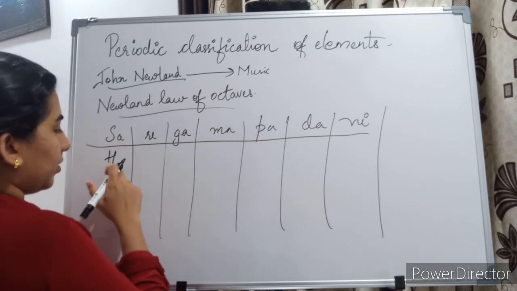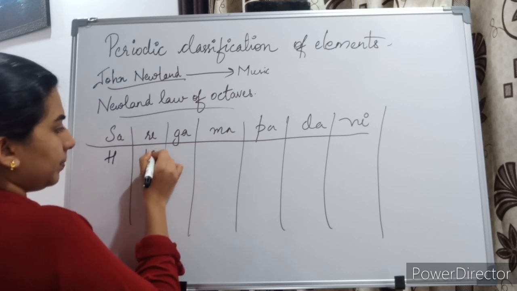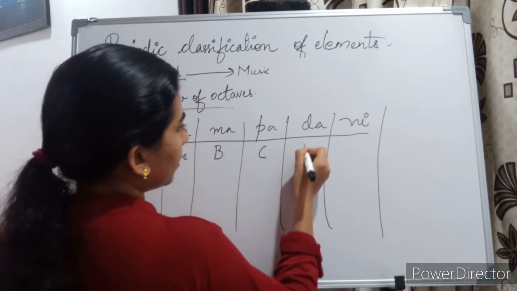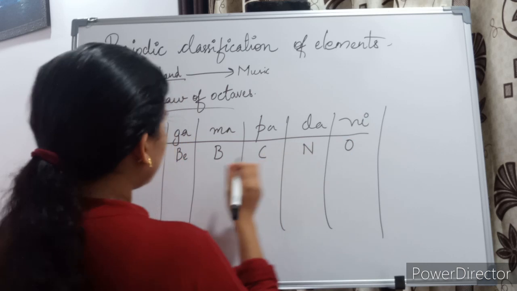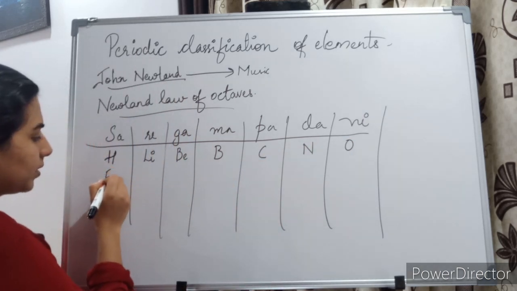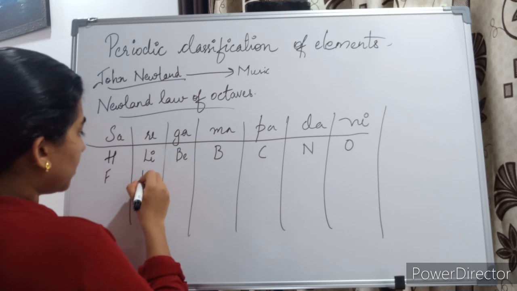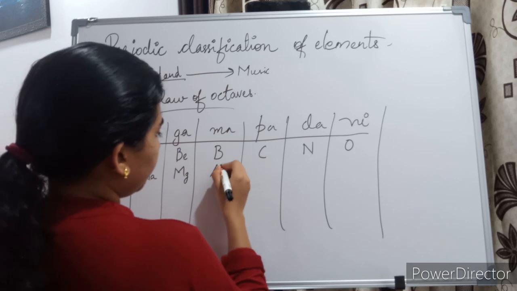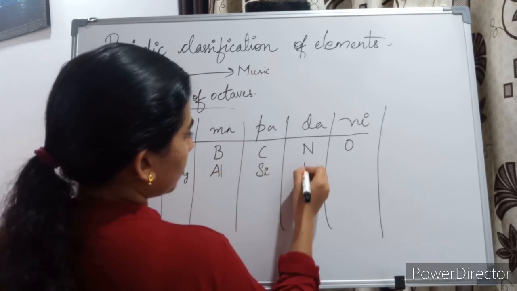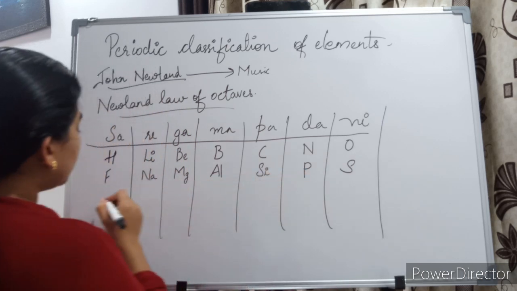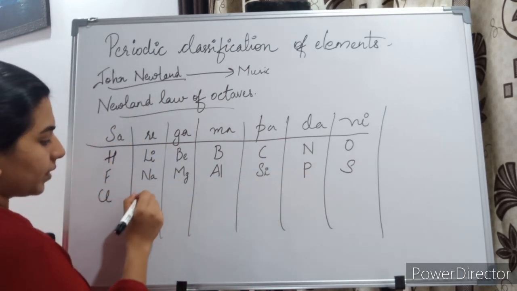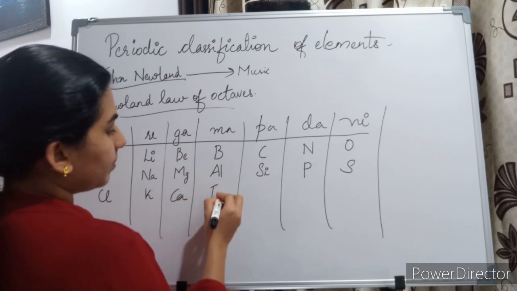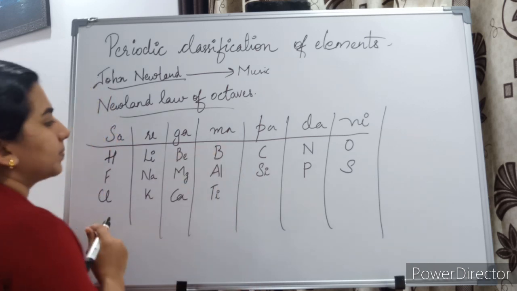So hydrogen, then lithium, beryllium, boron, carbon, nitrogen, oxygen, fluorine, neon was not there, then sodium, magnesium, aluminium, silicon, phosphorus, sulfur, chlorine, potassium, calcium, then titanium, and it goes on like that.